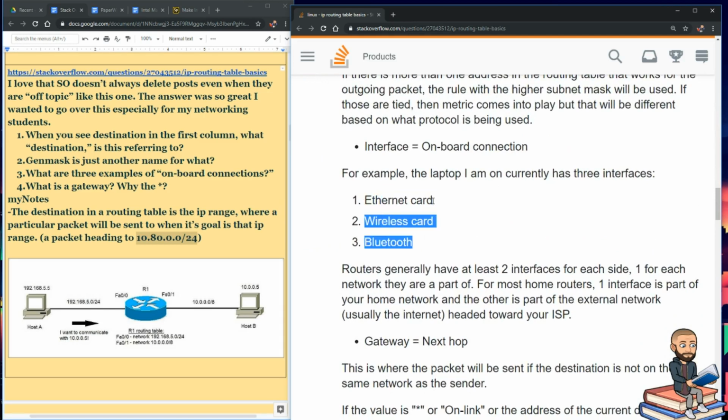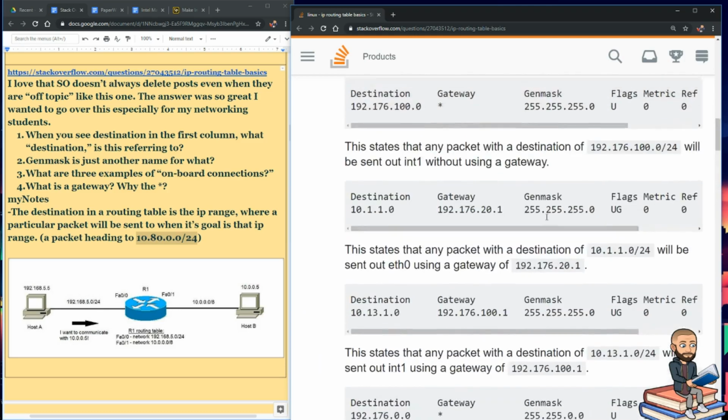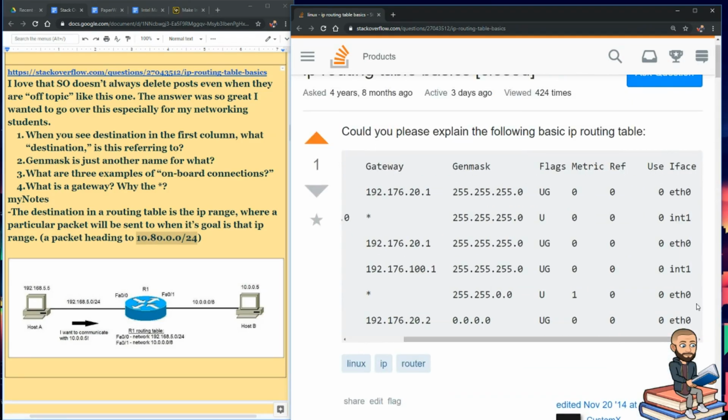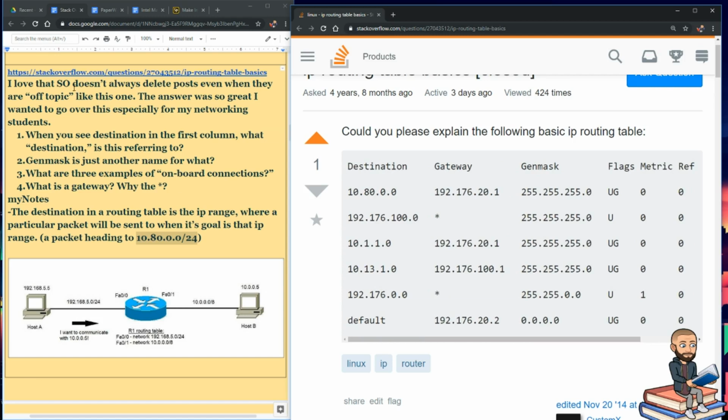So with the Ethernet card, that might be what ETH0 is. And then he has a wireless card, so that's a whole other concept of a port, an exit point for that data, those packets. Looking at just this interface column of the table, we have eth0 and int1, interface 1 maybe. So I think we've answered the first question.